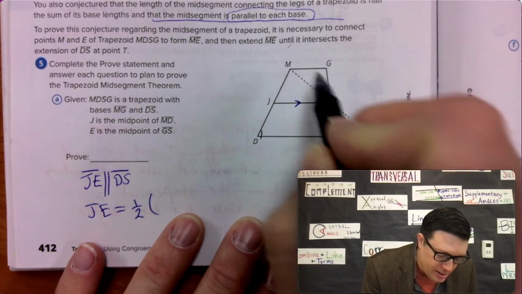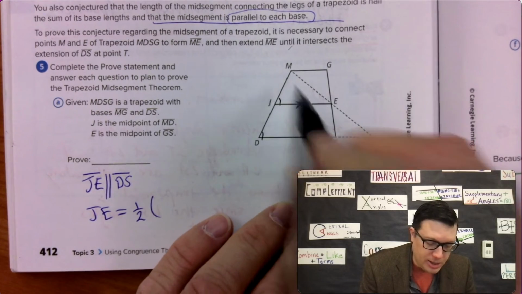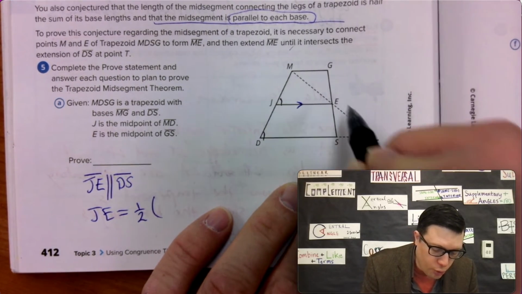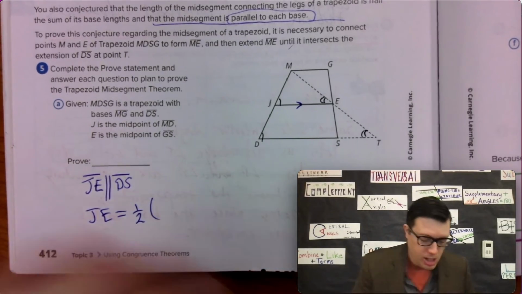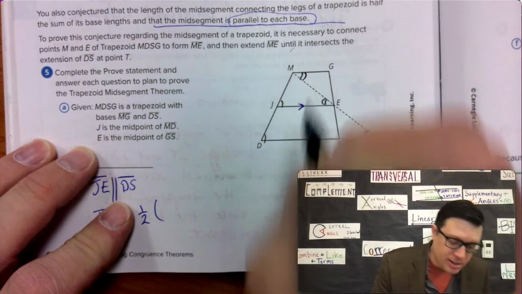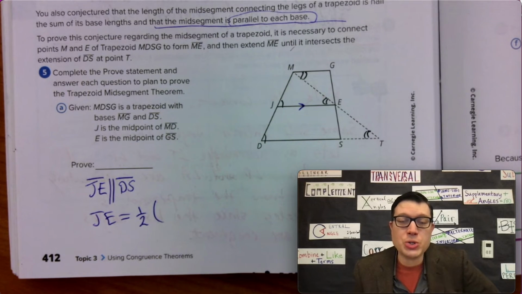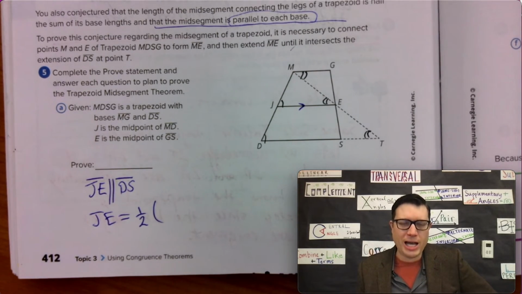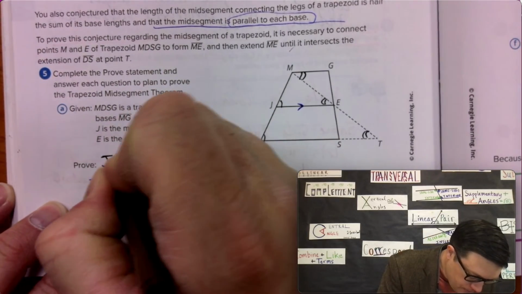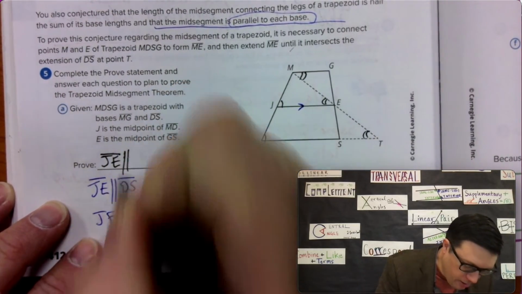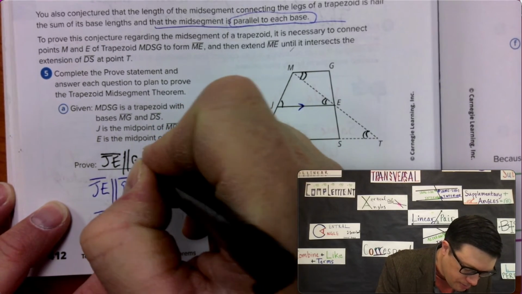These lines create congruent angles because they're corresponding angles, and if they're corresponding angles, then maybe these alternate interior angles are also congruent. The whole point is that we're creating this parallel. JE is parallel to GM.